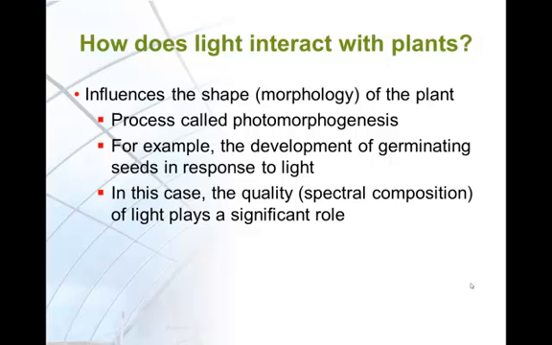Another influence of light is through photomorphogenesis. Photomorphogenesis is a process affecting plant morphology, and germination is a good example of response to light, and the quality of the light plays a significant role in germination control as well as other photomorphogenesis.